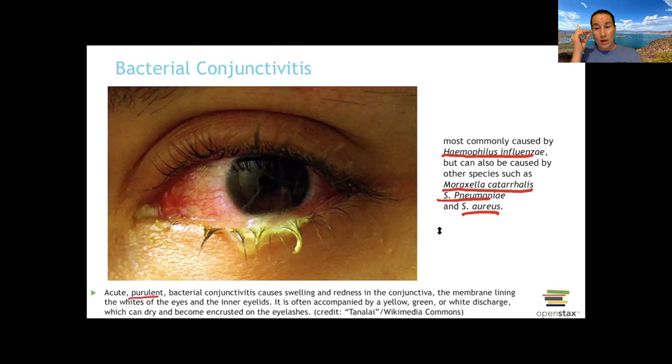It's typically just drops that you'll put in there, and in a couple days that infection is all cleared up and you are good to go. But it is really contagious. Again, a lot of kids get this because it is contagious. So you definitely need medical attention. If you wear contacts, definitely take them out and treat your eyes, because you don't want to keep reinfecting yourself over and over again.